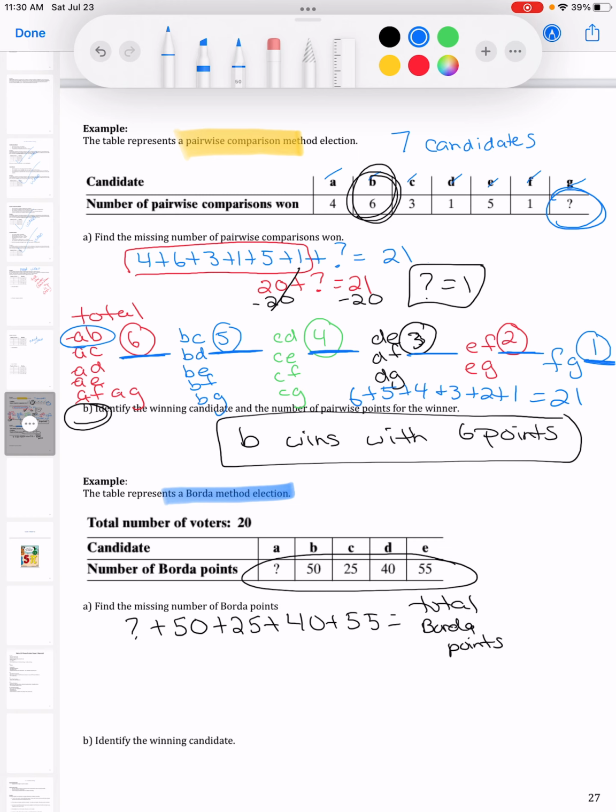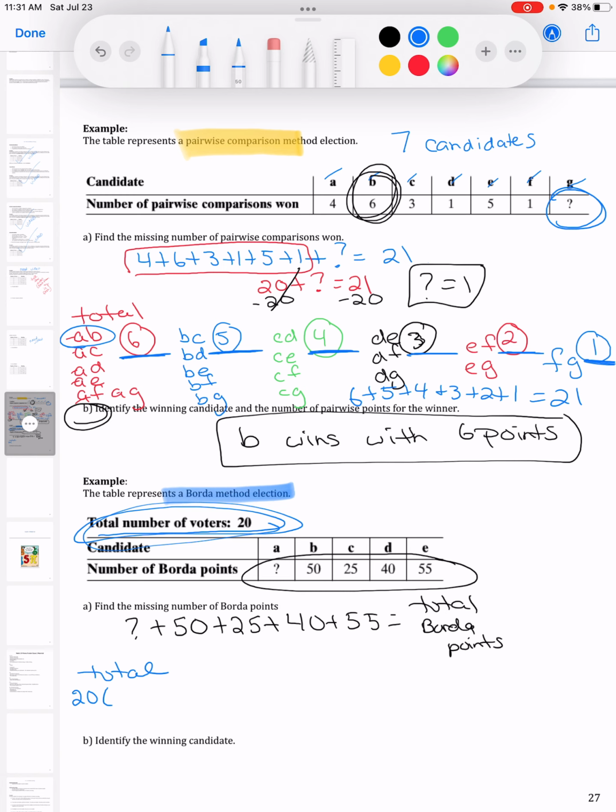So to find that total, remember Borda is kind of like that formula. And I have to tell you on this one the number of voters. If I don't tell you that, you can't work the problem. So we have to tell you the total number of voters. So there were 20 voters. And remember, they're going to be first place, second place, third place votes on that one.